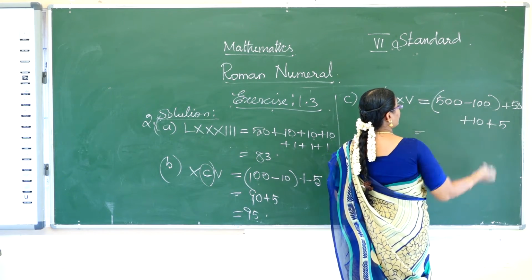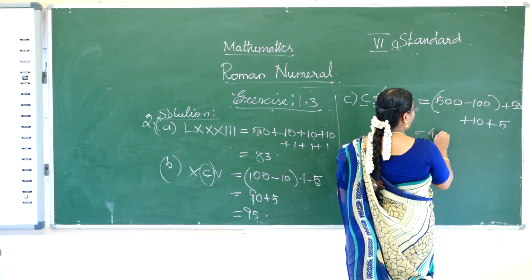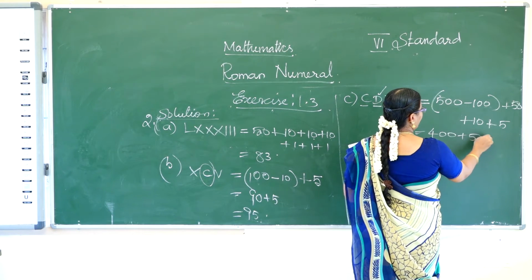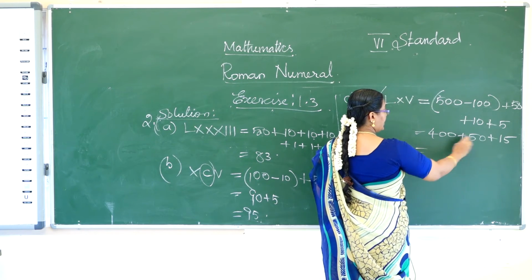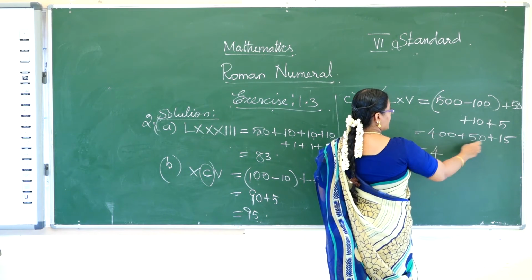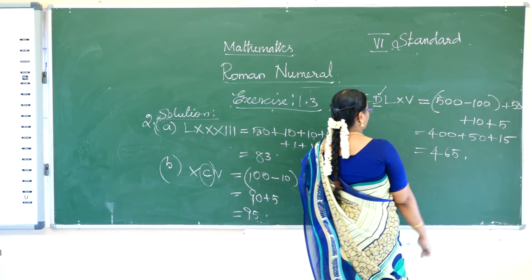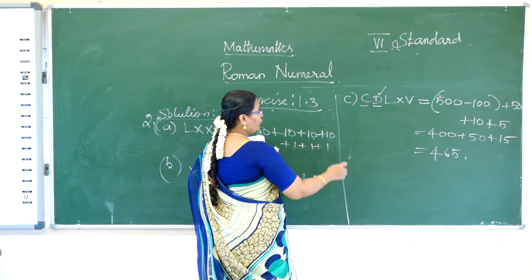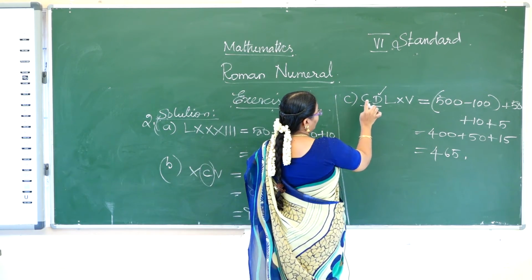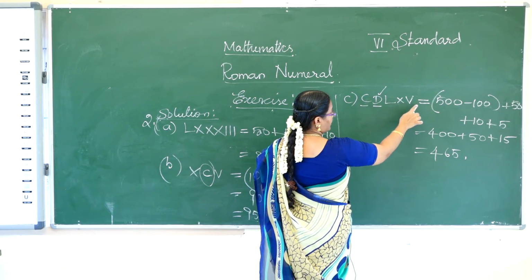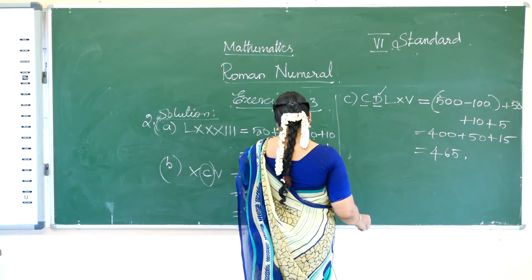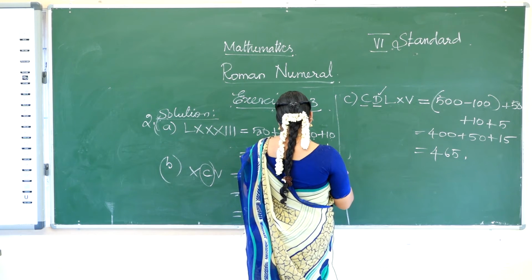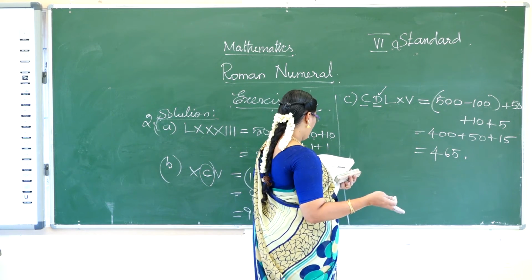So 500 minus 100 is 400, plus 50 plus 15. Added, we get 465. So the Hindu-Arabic value for the Roman numeral C D L X V is 465. D and E are homework.